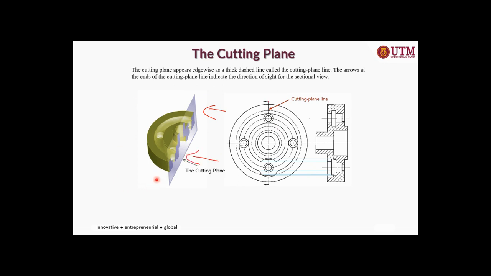So this is the arrow that is important for us. When we cut, we throw away this part, and we see whatever we can see from this direction. So the direction of the view, the cutting plane, and wherever the knife goes through in the drawing, that is where the hatching is, and all the details about them.